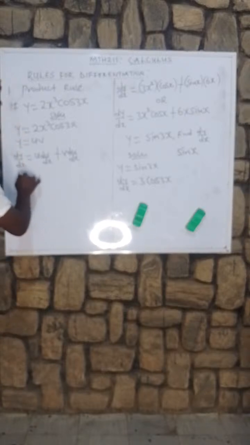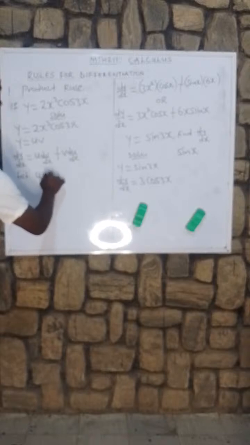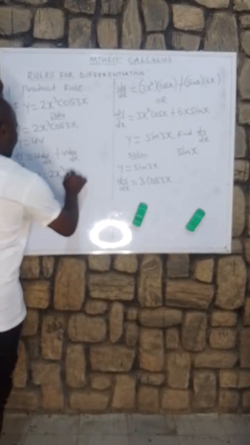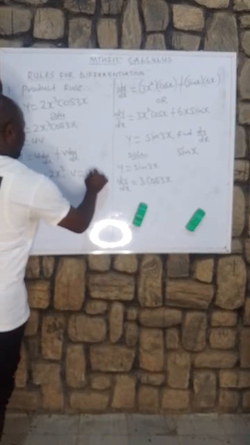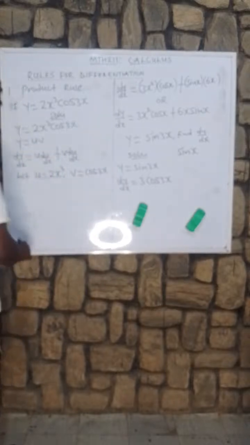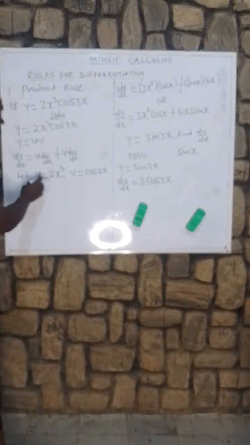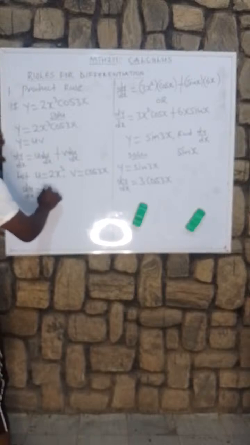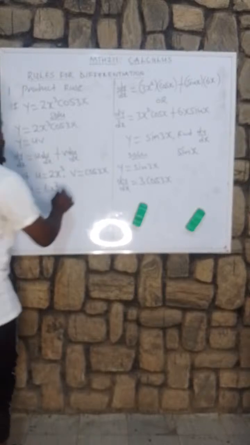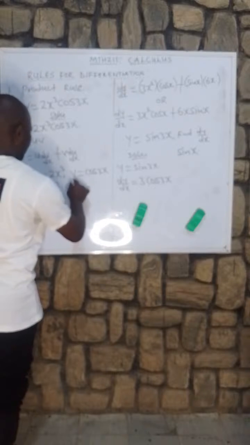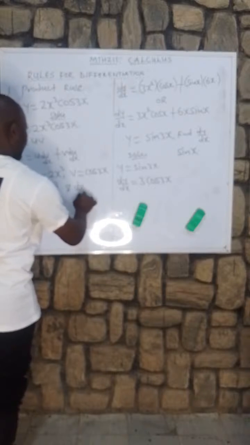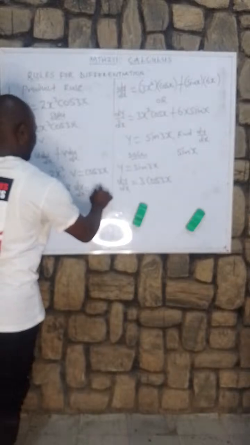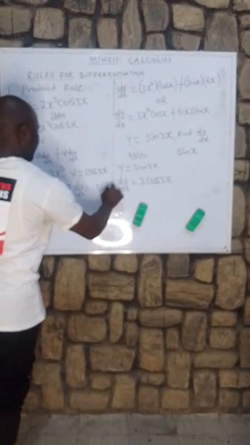At this point, you don't need a prophet to tell you what your u is. Let u equal 2x raised to the power of 3 and v equal cos 3x. What is left is for us to differentiate with respect to x. So du over dx is going to give me 6x raised to the power 2, and dv over dx, you are going to have minus 3 sine 3x.